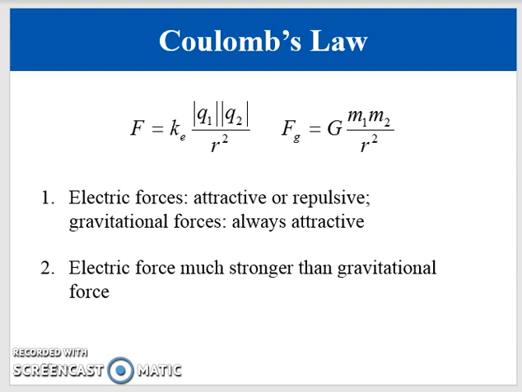Now these are both constants of nature. One is a gravitational constant, one is an electric constant, but they're both at the end of the day just a proportionality constant. And then what's left, we have the product of the masses in the law of gravity, and we have the product of the charges in Coulomb's law.